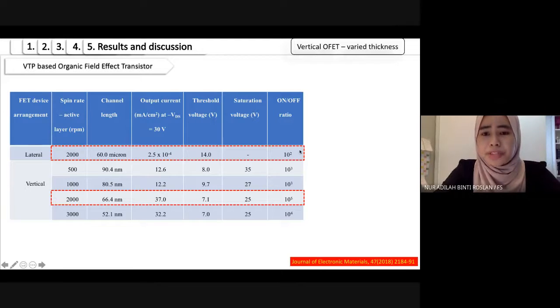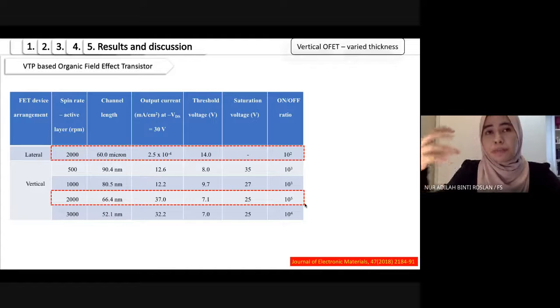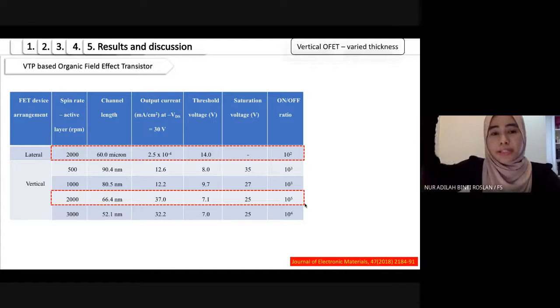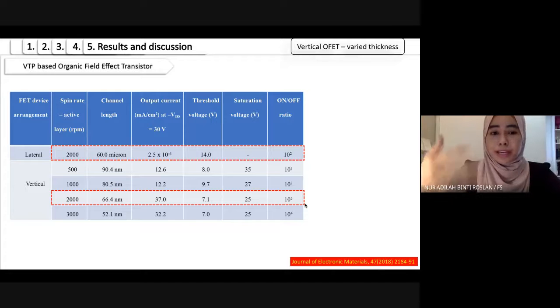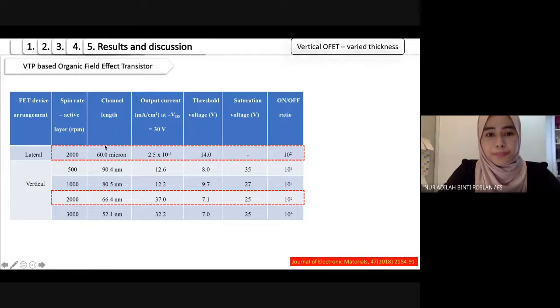You can see that for the vertical offset, the performance is much better compared to the lateral offset. So we can deduce that by reducing the channel length, it will improve your hole injection, or your conduction mechanism, from the source electrode to the top electrode. That is why it can give a much better output current compared to the lateral offset.